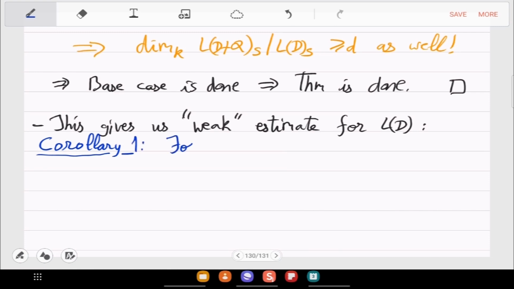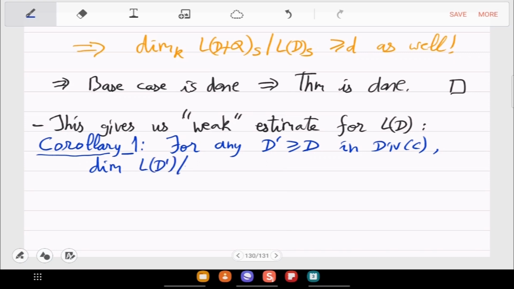So for any d prime greater than or equal to d divisors, dimension of LD prime mod LD, remember that LD is the subspace of LD prime over the base field K, is at most degree of D prime minus degree of D. Okay, so this is weaker because it's not an equality anymore.